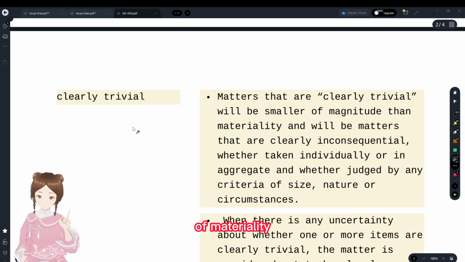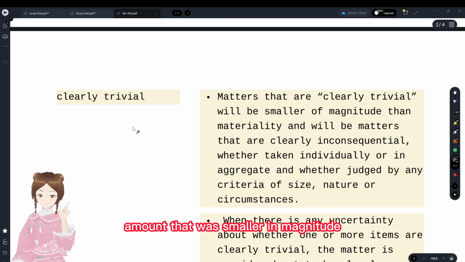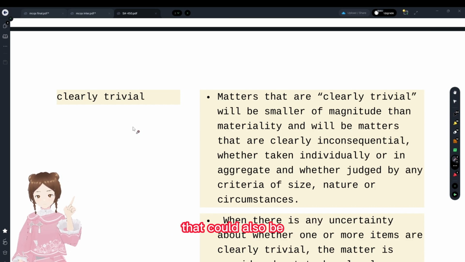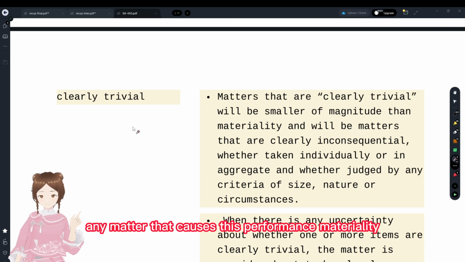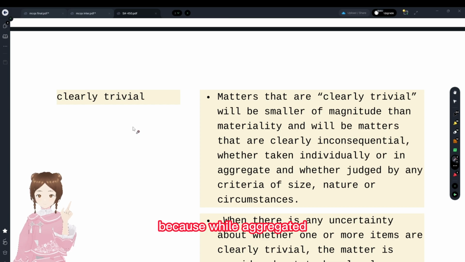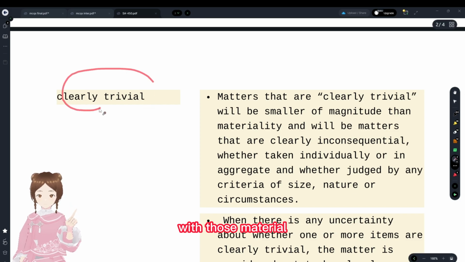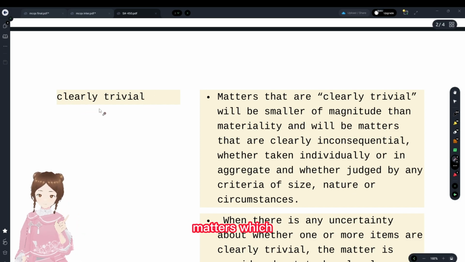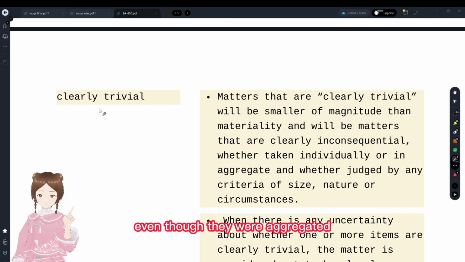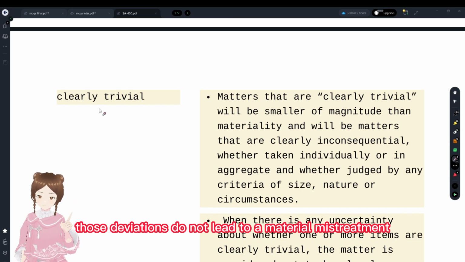Performance materiality is a materiality amount that is smaller in magnitude. Any matter that crosses this performance materiality has to be taken into account, because when aggregated those could lead to a material misstatement. But clearly trivial matters are those which, even though aggregated, do not lead to a material misstatement.